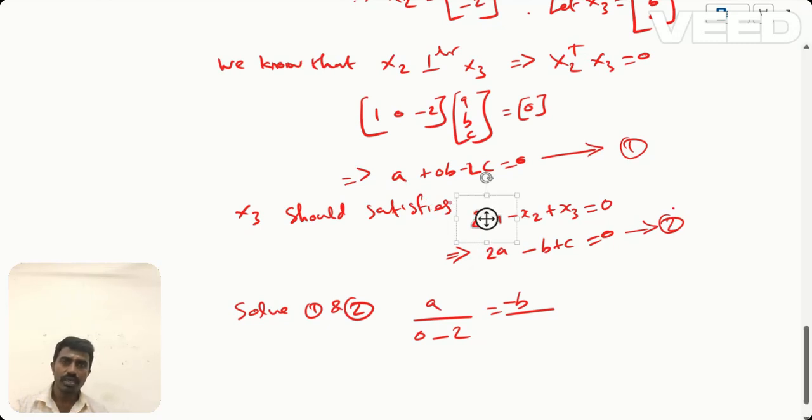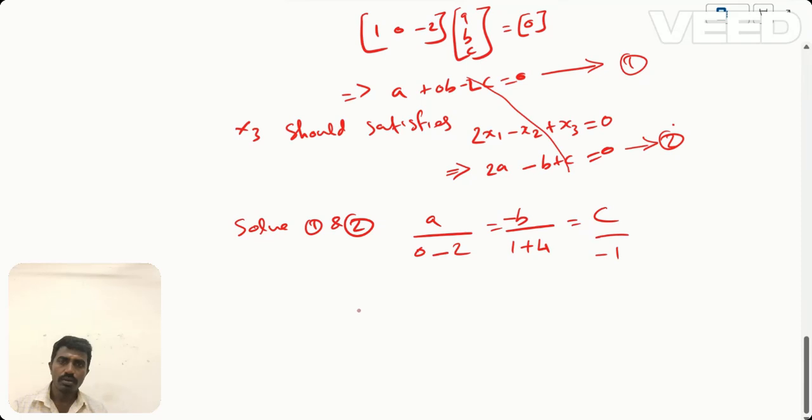Now remove the second column, then find the remaining determinant. So 1 minus, then 2 to are 4 minus 4, so plus 4, which is equal to C by. Now remove the third column, then it is minus 1. So if you divide by minus, then x3 will be 2, 5, 1.